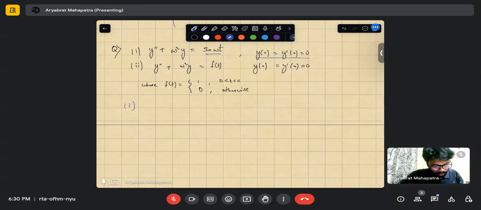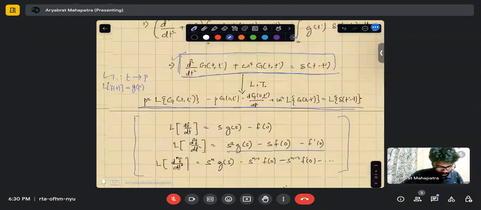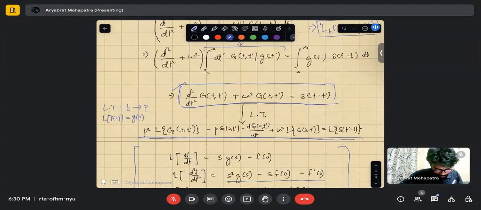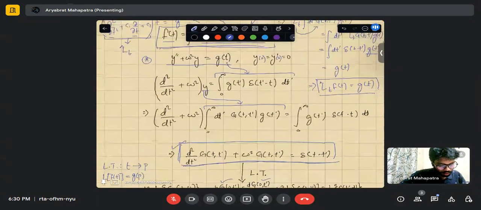Also remember we have used our initial conditions before. Here in this step, when we were doing this Laplace transform, we used the initial conditions at this point, this one, and also this one right here. You will see that these two will be zero, because your initial conditions are y of zero and y prime of zero are zero.